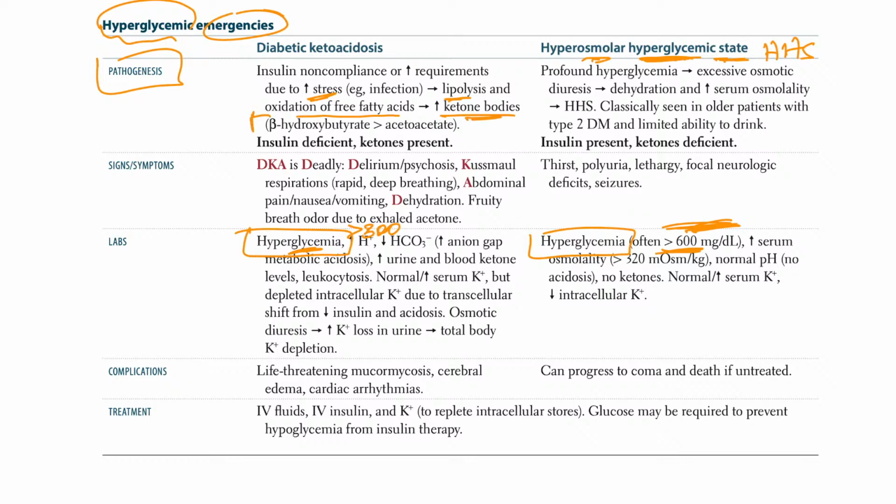The ketone bodies are beta hydroxybutyrate more than acetoacetate. So with DKA, diabetic ketoacidosis, you have insulin, which is deficient, but you have ketones, which are present.